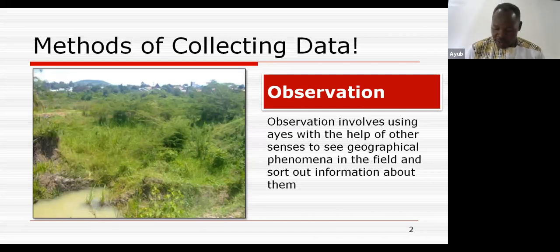So that method is called the observation method. Maybe some of you use your eyes to see Kabaka's lake, the quarry, the vegetation.